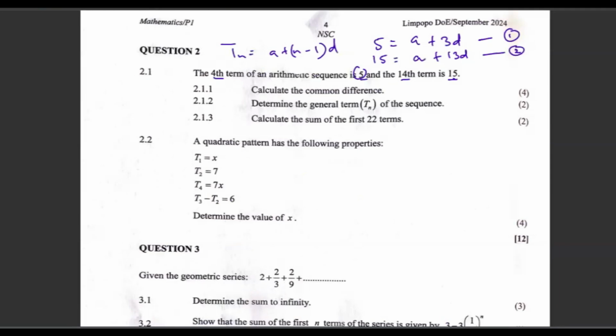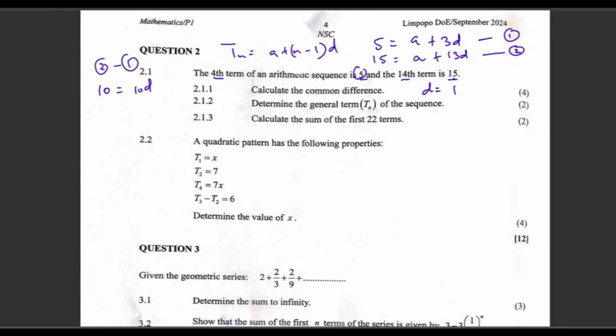That's equation number 2. Then I'll subtract equation 1 from equation 2. So 15 minus 5, that's going to give me a 10. The A's will cancel, and then I'll have 10D, which means D is 1.